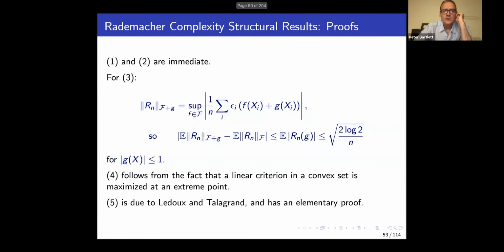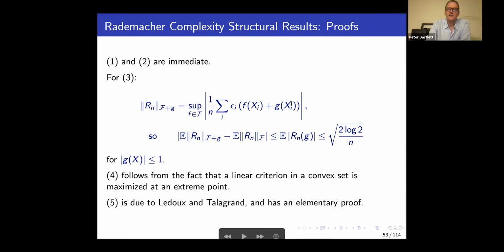I mentioned the first and second were really simple. When we add in a function, we can just use a triangle inequality to separate out what happens for our functions from our class and what happens for our single fixed function g. This piece is our original Rademacher averages.